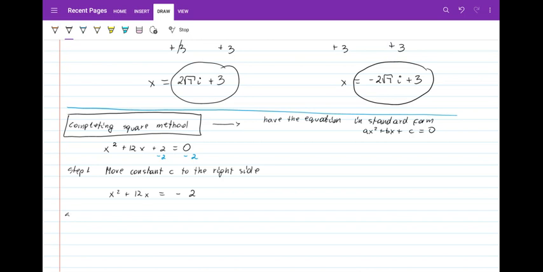Step 2, divide each by coefficient a. In our case, coefficient a is 1.